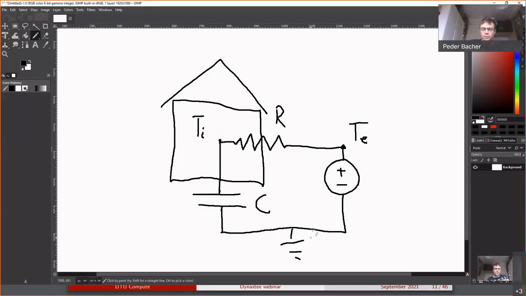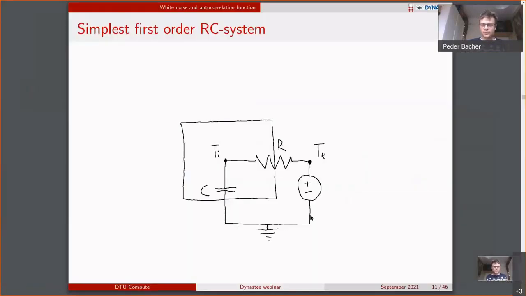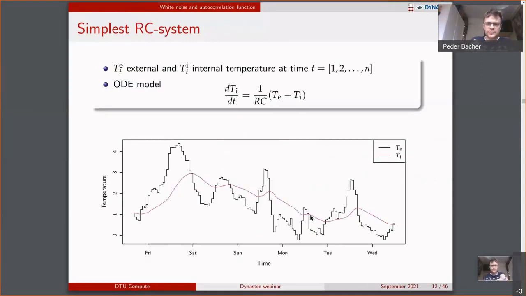So let's play around with the simplest model we can come up with, and see how it works out when we generate data with it and estimate these types of time series models. Let's say TE is the external temperature and TI is the internal temperature, and we have those values at time 1, 2, up to n, so we have n observations.